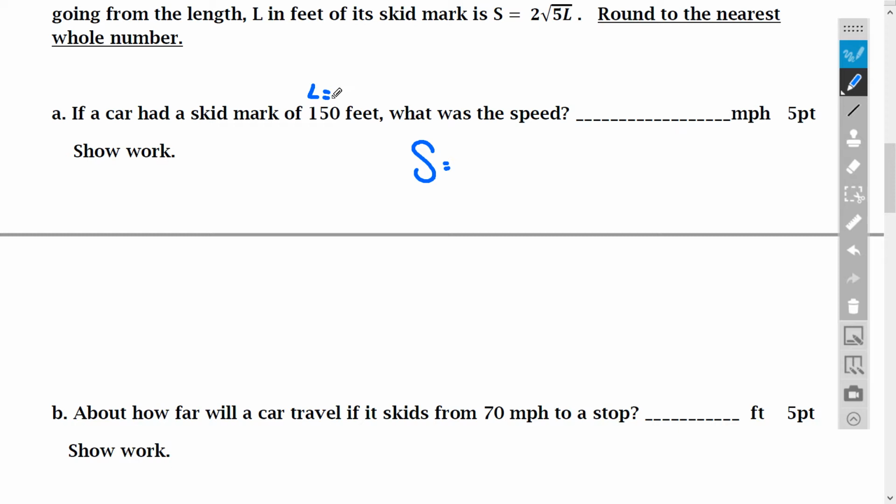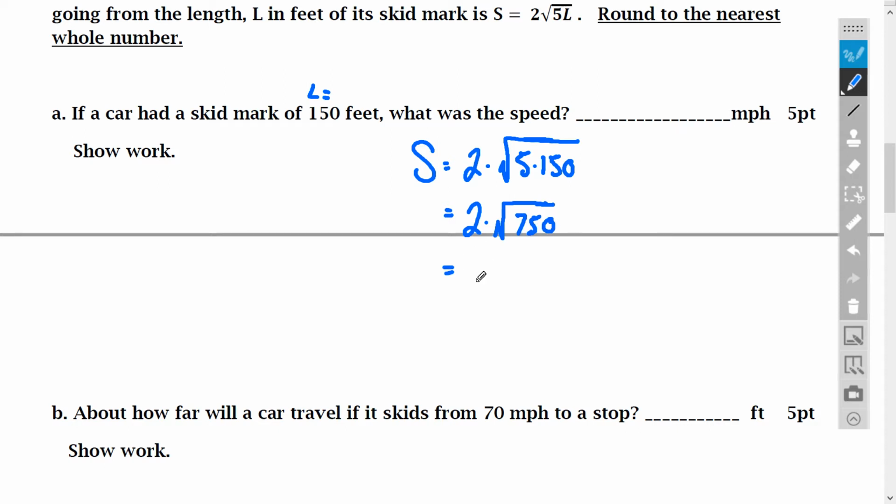So we're going to plug this into the length. So this is 2 times the square root of 5 times 150, because 5L is 5 times 150. So that's 2 times the square root of, let's see what that is, 5 times 150 is 750.